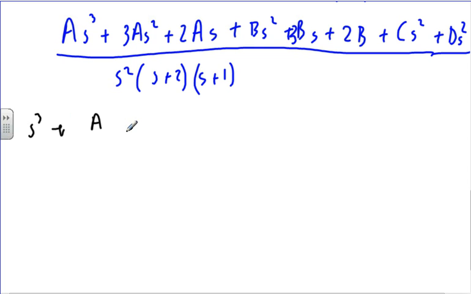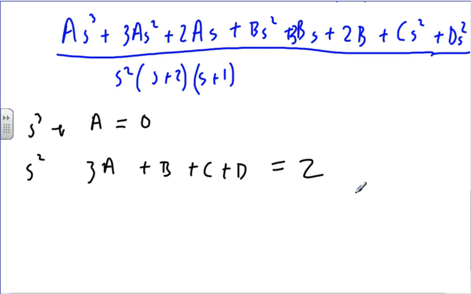That's the only s cubed term there is, and it has to be 0. Okay, so now I'm looking at the s squared term, 3a plus b plus c plus d, and that's going to have to equal 2.